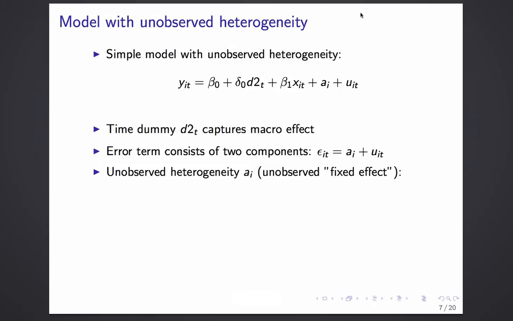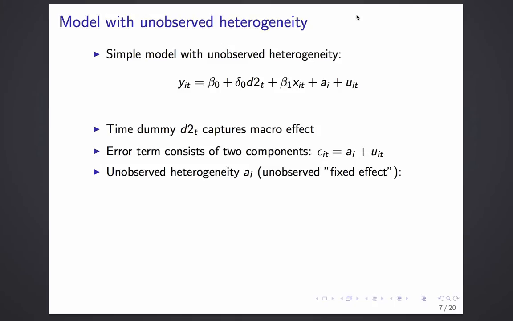It basically captures some differences across individuals that do not vary across time. And more importantly, a_i is not observed. It's an unobserved fixed effect. So a_i captures all these differences across individuals that don't change over time. That's a very important assumption.